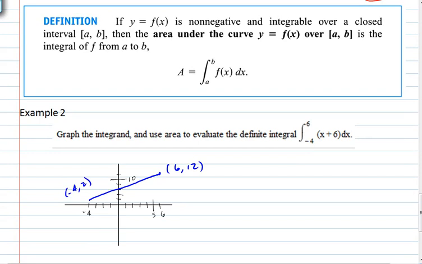And what we want to do is find the area between here, right? What geometric shape is this? No, it's not a triangle. It's a trapezoid, because I have 2 parallel sides.